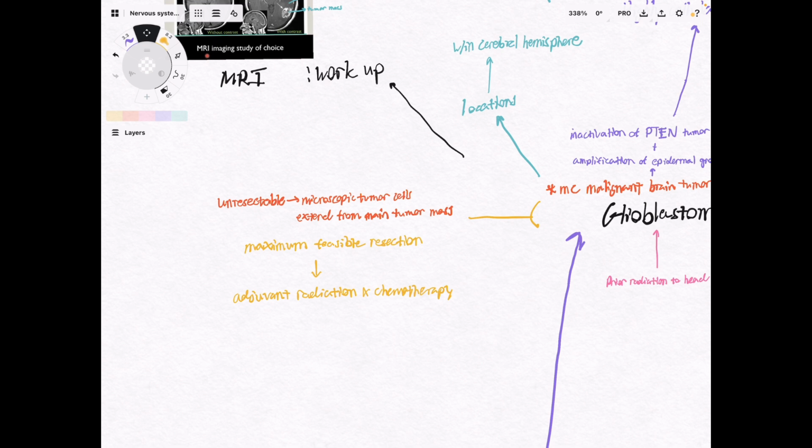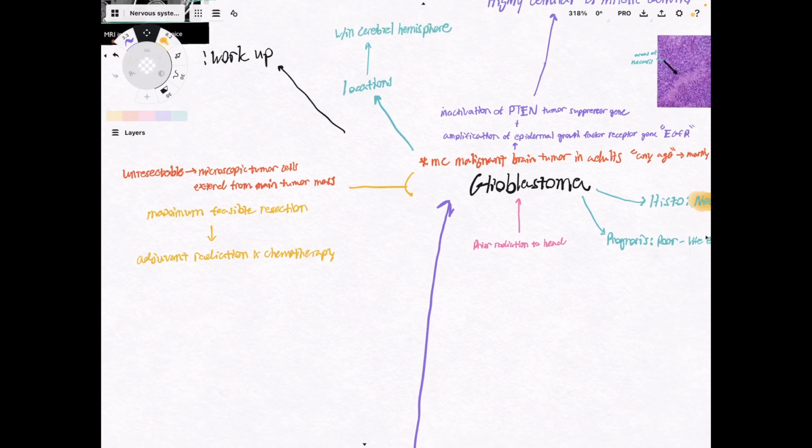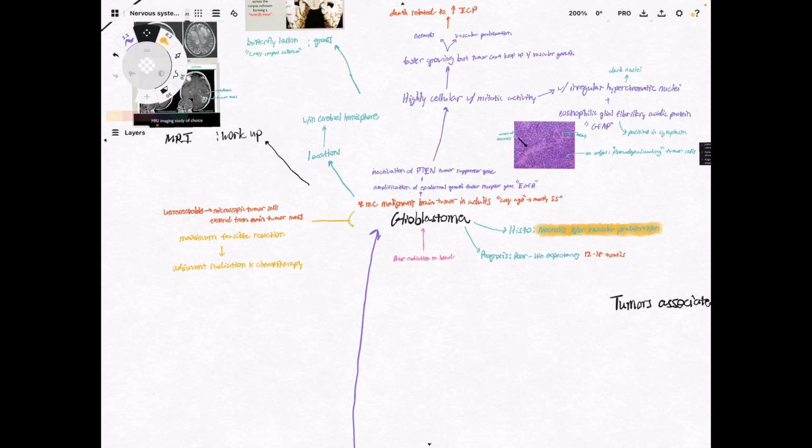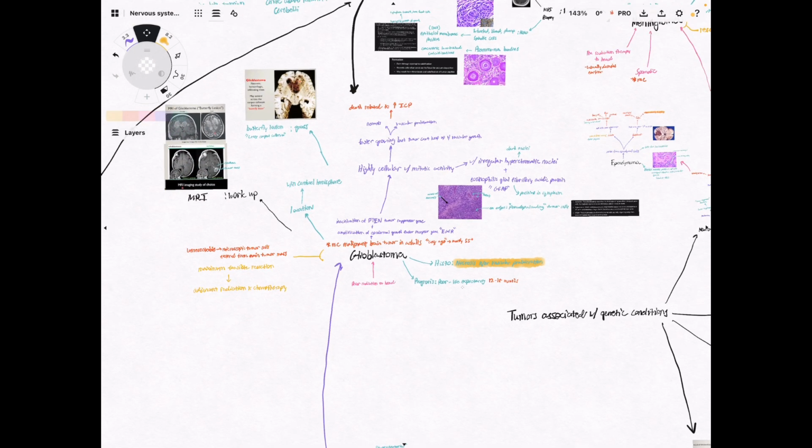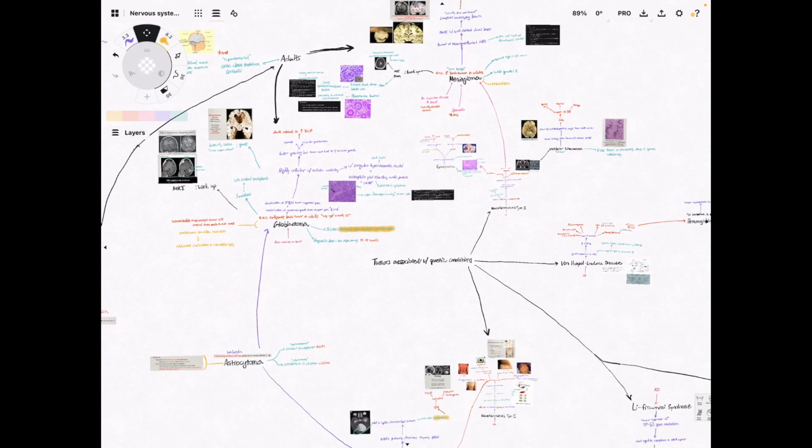But what you're going to want to do is resect this tumor as much as you can if you end up becoming a neurosurgeon. And then you're going to want to hit it hard with radiation and chemotherapy. That's pretty much all you can do for glioblastoma. Again, the prognosis is very poor. So it's very unfortunate if your patient gets diagnosed with this, but you're going to try to do as much as you can to prevent harm and give them the best options that they can.